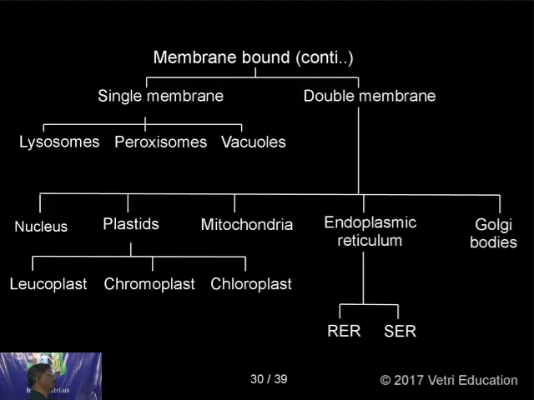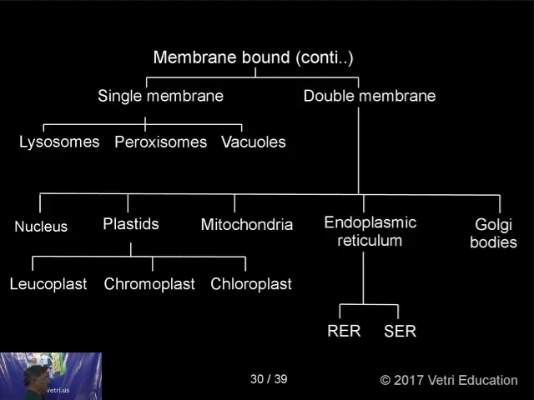So lysosomes, peroxisomes, vacuoles, these are single membrane structures. Regarding the double membrane, we have nucleus, plastids, mitochondria, endoplasmic reticulum, and Golgi bodies.